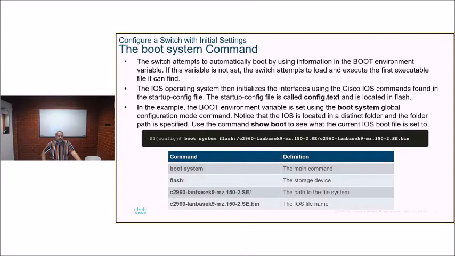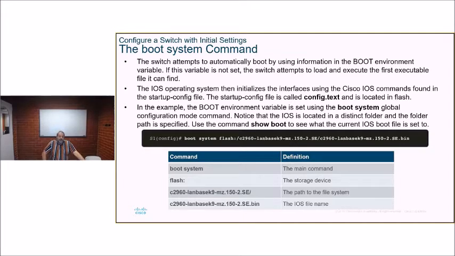The switch attempts to automatically boot by using information in the boot environment variable. If this variable is not set, the switch attempts to load and execute the first executable file it can find. The IOS then initializes interfaces using IOS commands found in the startup config file, called config.txt, located in flash.